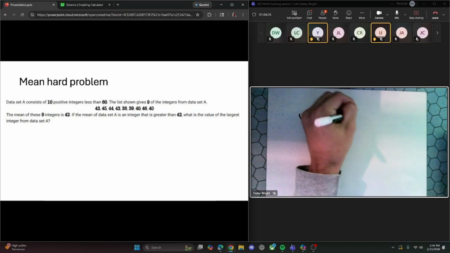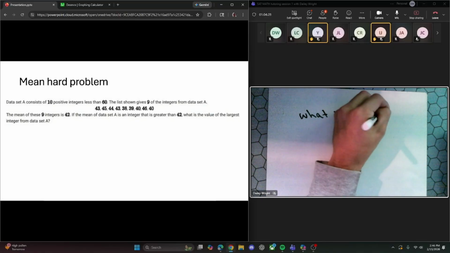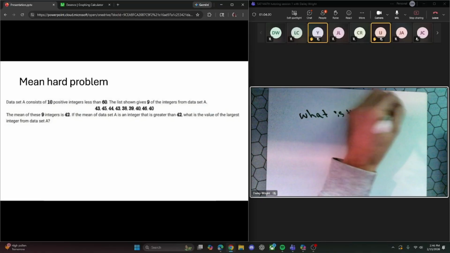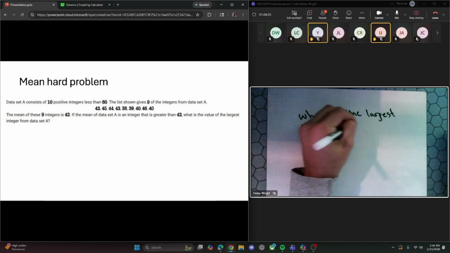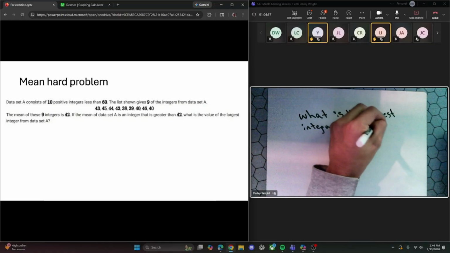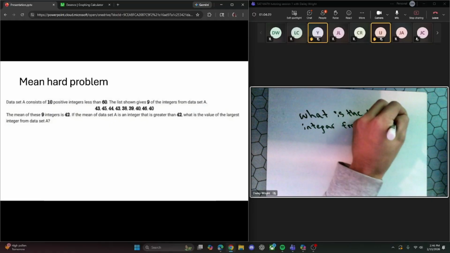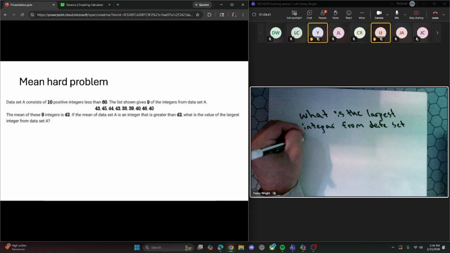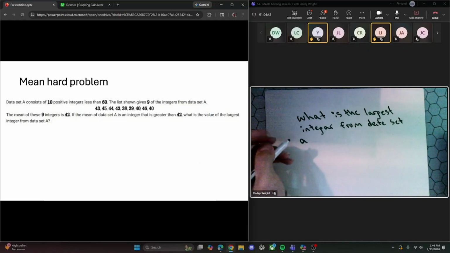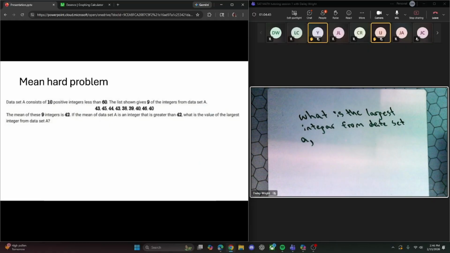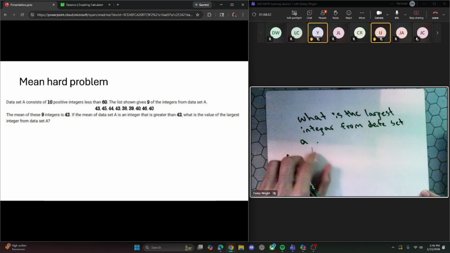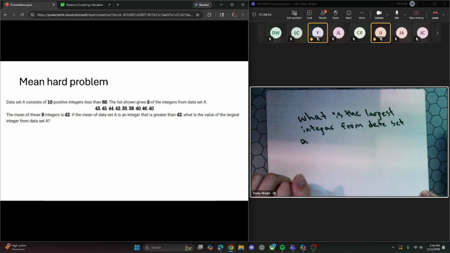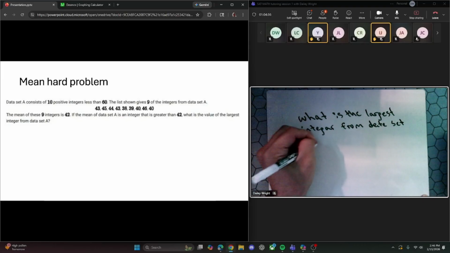What is the largest integer from data set A? And then it says if the mean of data set A is an integer that is greater than 42. So given, we don't need this comma, because it says if the mean, so this is a given type question.